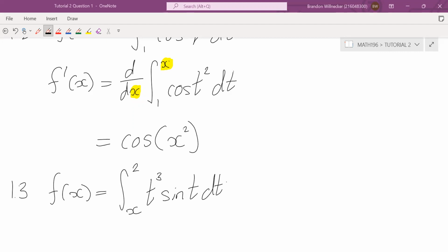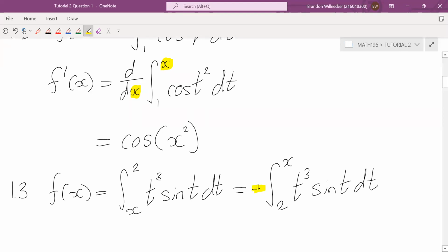But we can swap the bounds, remembering that we need the minus sign. So it's going to be minus the integral from 2 to x of t cubed sine of t dt. We swap the bounds, but now we need the minus sign in front.